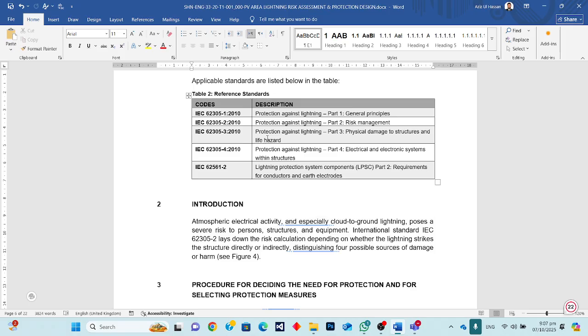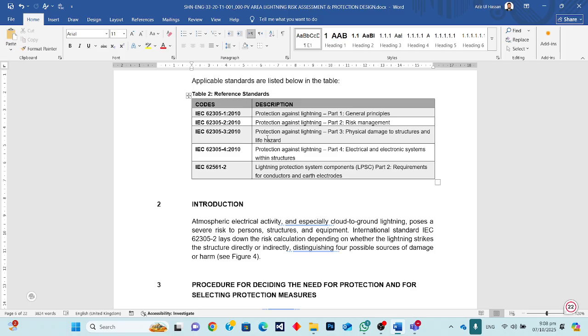But the issue is that when we install lightning protection on the systems, we must follow the IEC standard, and this standard gives us the way to install the lightning protection systems on the mounting structures and around the different electrical systems. So we have to follow these four or five main standards. Then it is the introduction.